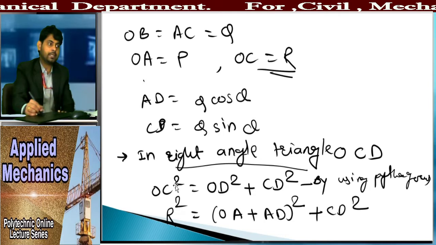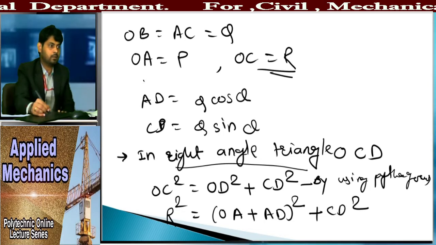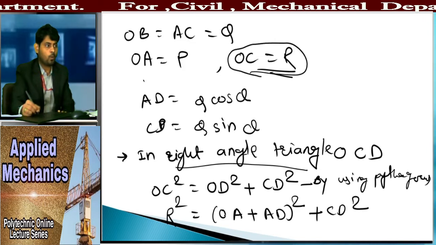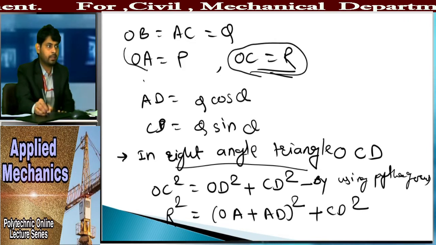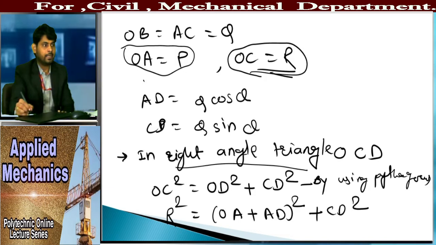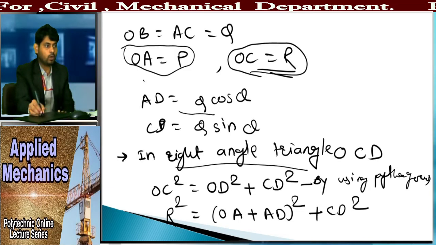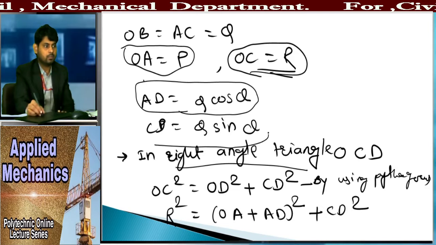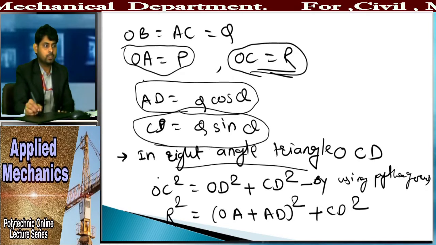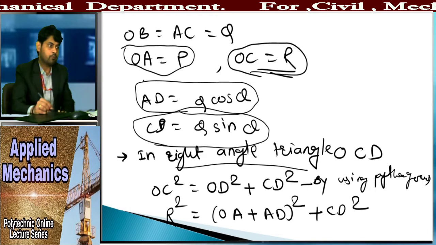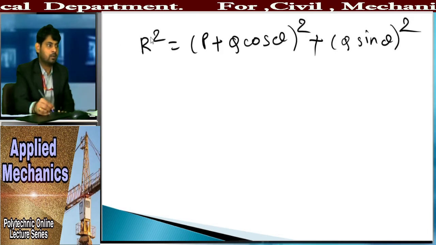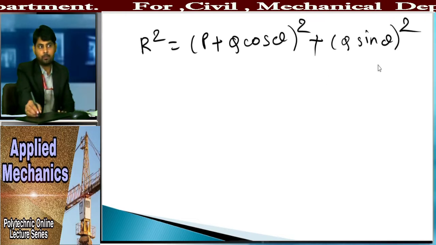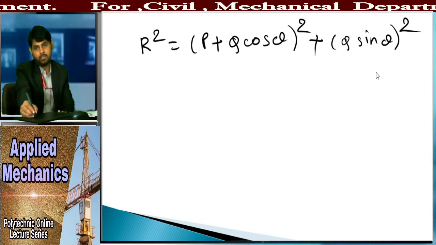Now OC is nothing but R, OA is nothing but P, AD is nothing but Q cos theta, and CD is nothing but Q sin theta. Putting all these values in this equation, we get R square is equal to (P plus Q cos theta) square plus (Q sin theta) square.